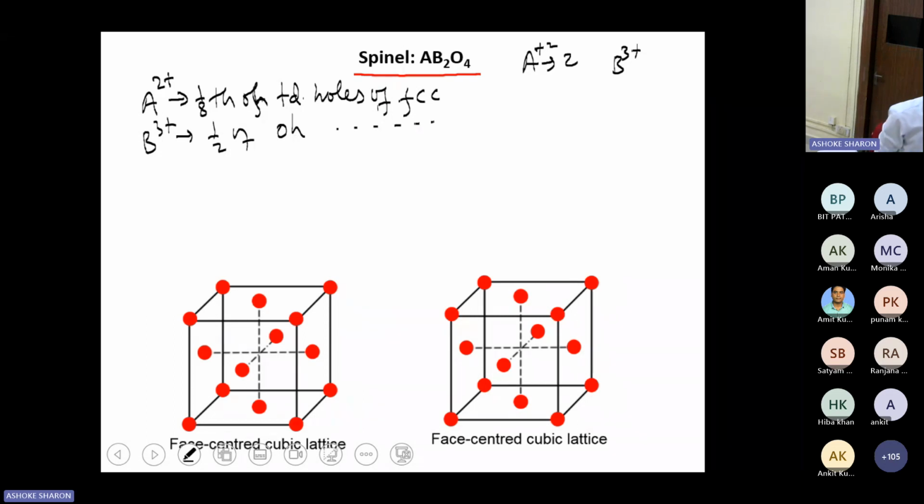So from there, A will go to the tetrahedral hole and B will go to the octahedral hole. So A B2O4, when A goes to tetrahedral and B goes to octahedral holes, is a normal spinel.